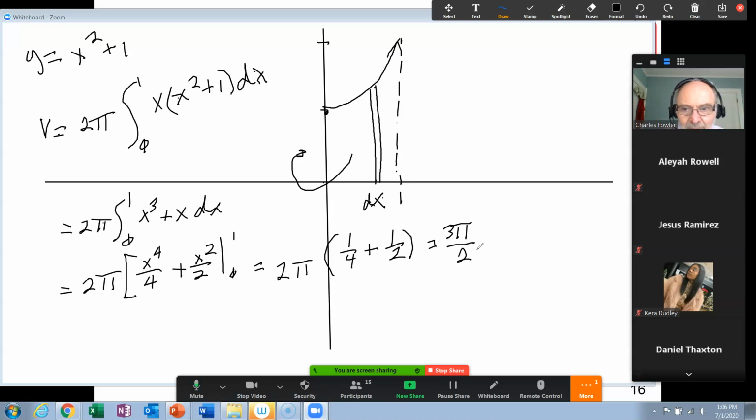That's exactly what we got. When we did it, the solid at the bottom and washers on top, 2 parts. One part was pi, the other part was pi halves. Added together gives you 3/2 pi. This one part, do the shells all the way around, you got it knocked. And it's pretty easy math too. Does that make sense?